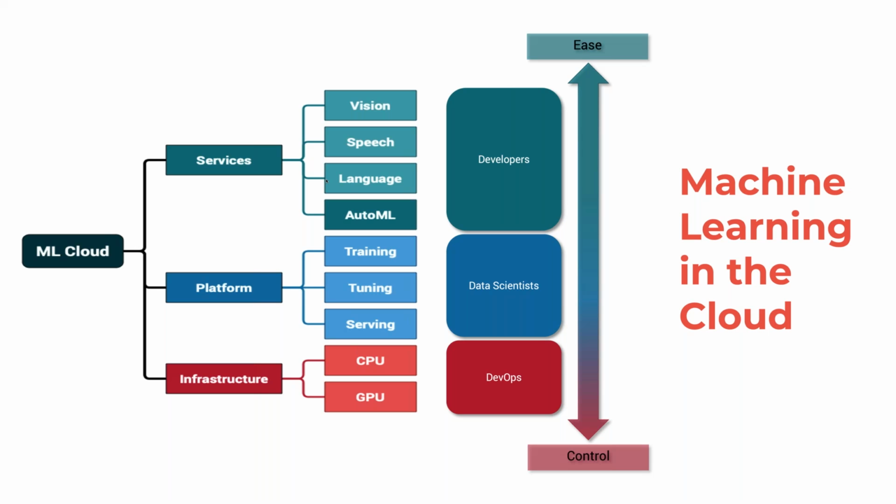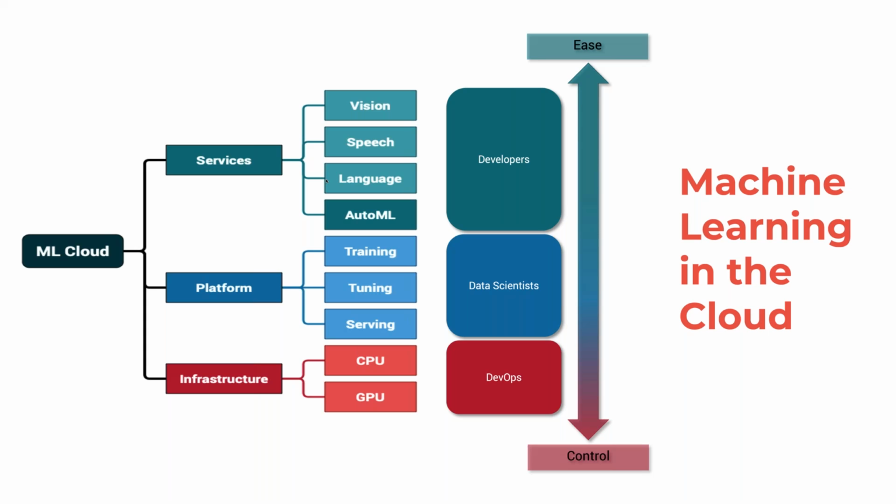Then we have platform as a service that exposes machine learning capabilities. And this is typically targeted at data scientists who don't need to worry about infrastructure, but predominantly focus on the training, tuning, and serving aspect of the machine learning models. So here, they don't need to deal with provisioning the VMs or Kubernetes clusters or networking aspects.